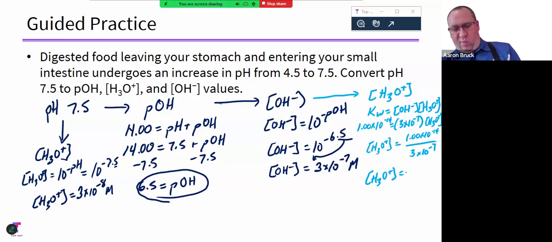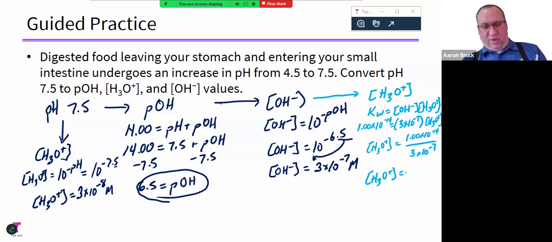Had you done that, it would have been 1 times 10 to the negative 14th divided by 3 times 10 to the negative 7th. And again, with one sig fig, you would have got the same answer, 3 times 10 to the negative 8th.